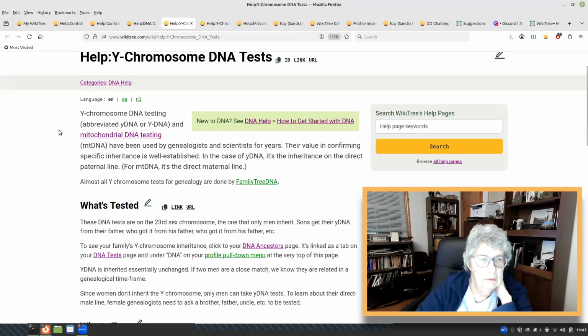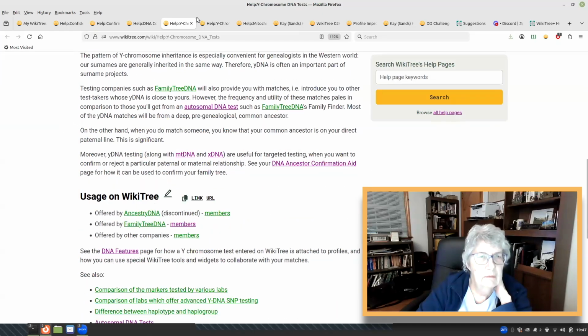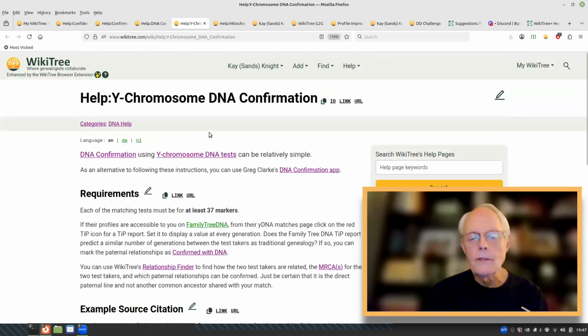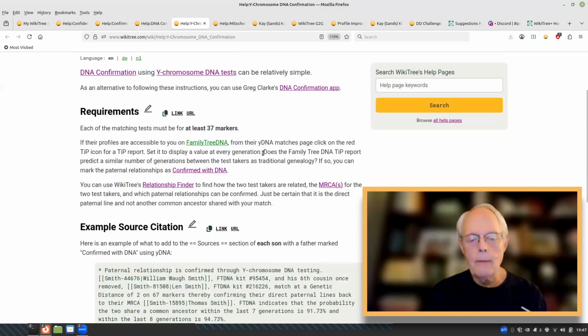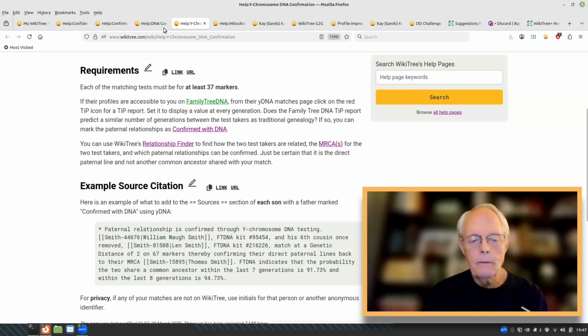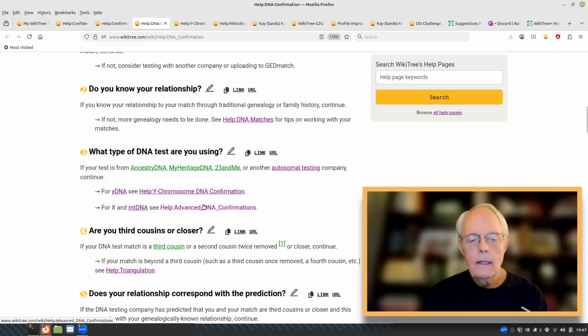So there's information. Now this isn't the one. This one, four, and you'll see those on the DNA app as well: Y, X, mitochondrial mtDNA, and autosomal DNA.